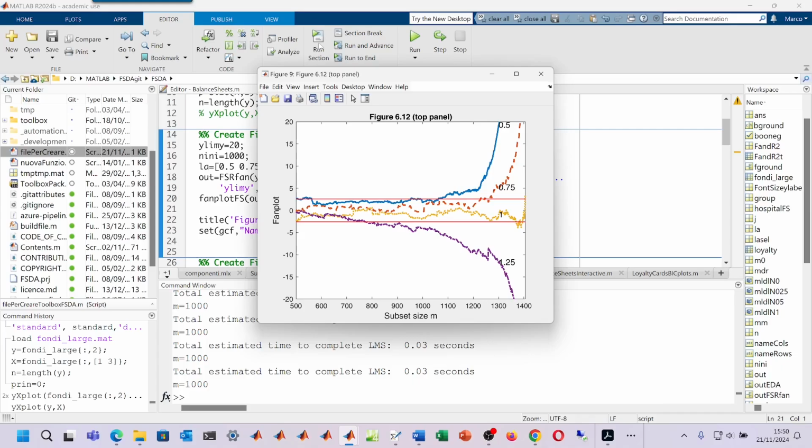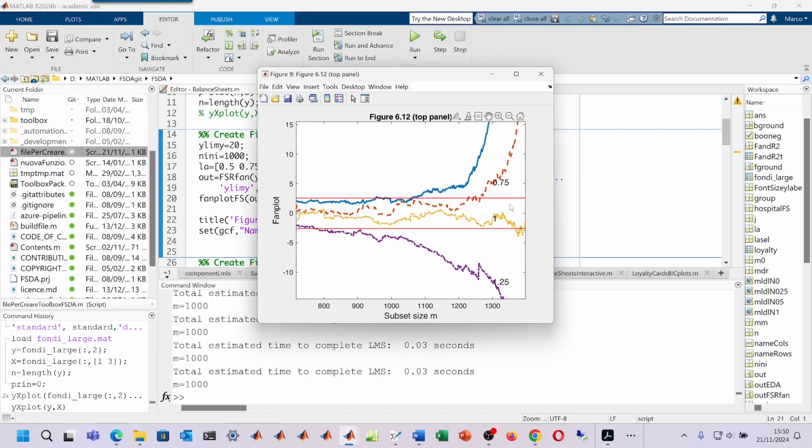We start with the FEM plot for values of lambda from 0.5 to 1.25 with a step of 0.25. This plot shows that if we consider just a single value of lambda, the trajectory for lambda equal to 1 is inside the bands.